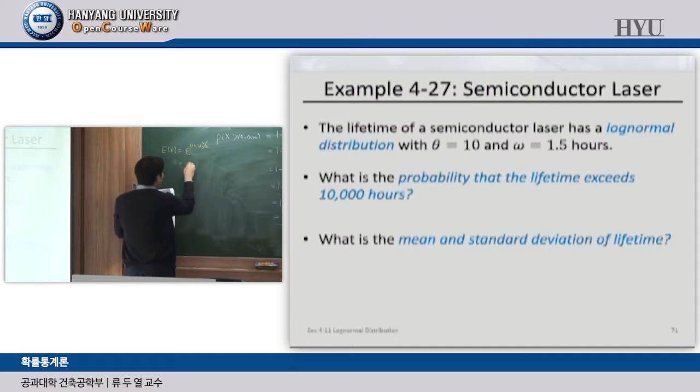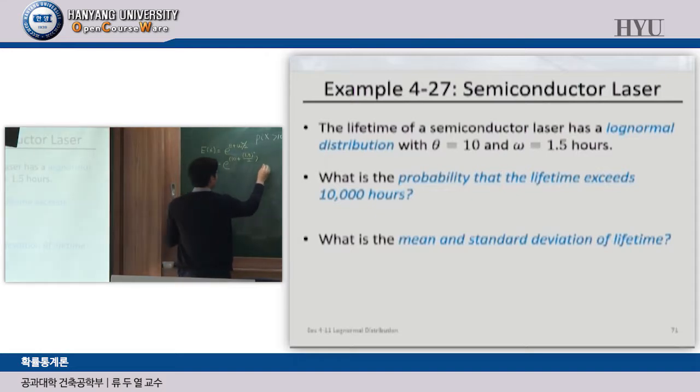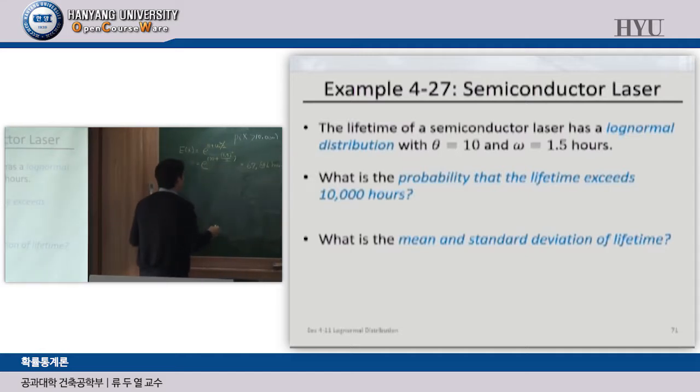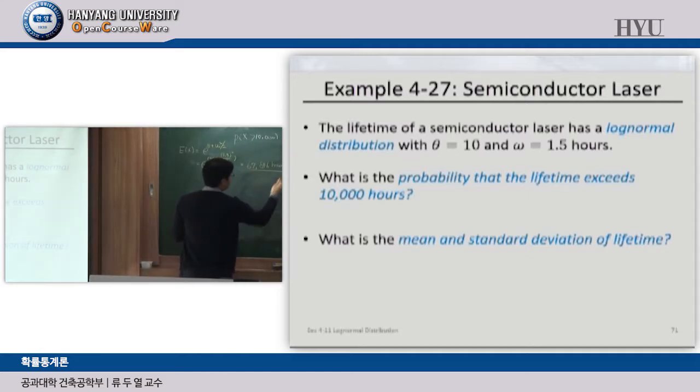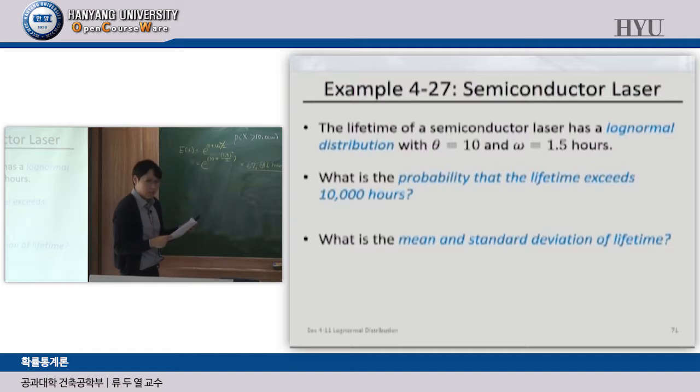So this is equal to exponential of 10 plus 1.5 square over 2, right? That is the mean. And if you calculate this, we can obtain 67,846 hours. That is the mean.